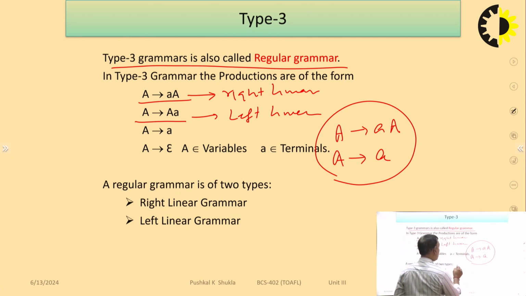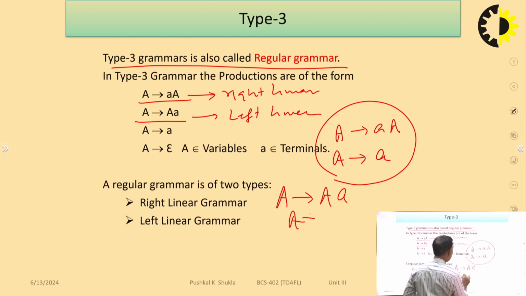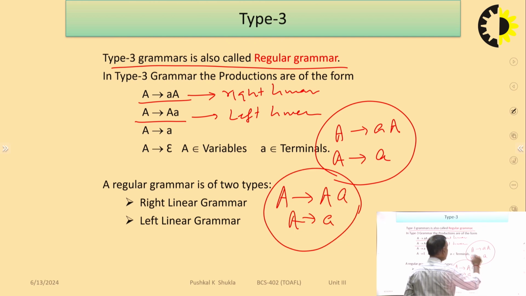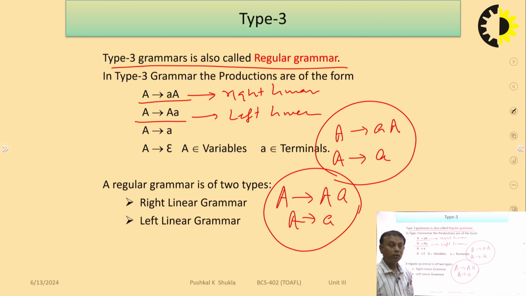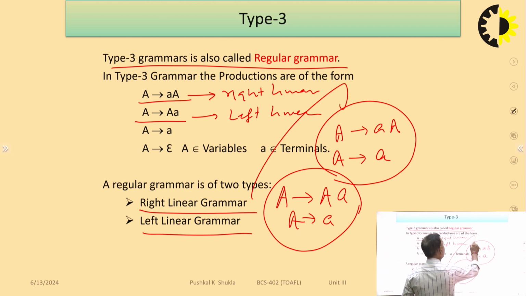Then A equals Aa is left linear, and this is also accepted by finite automata. So a regular grammar is of two types, right linear grammar and left linear grammar. This is an example of right linear grammar and this is an example of left linear grammar.